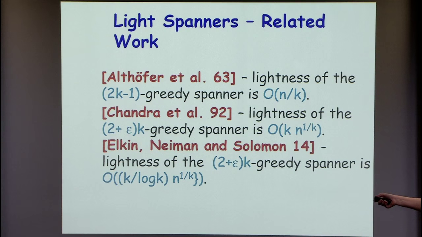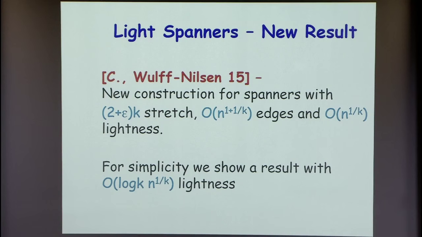So recently, this group showed that it's not essential to have this factor of k here, and you can get something slightly better. The greedy spanner itself, with a much more involved analysis, already gives a lightness of k over log k. In this work, we shave this k completely, and we show a different construction.